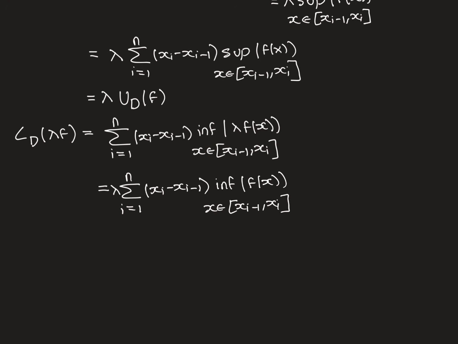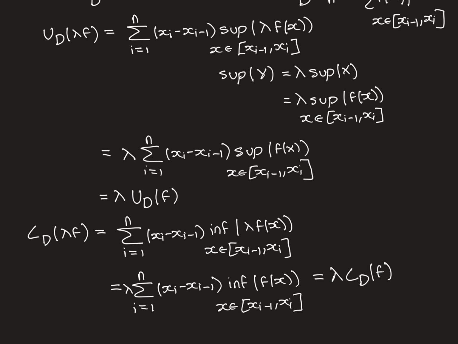But of course that's just the definition of the lower Riemann sum, so this is now lambda times the lower Riemann sum over the dissection D of f. So those are two very beautiful results.